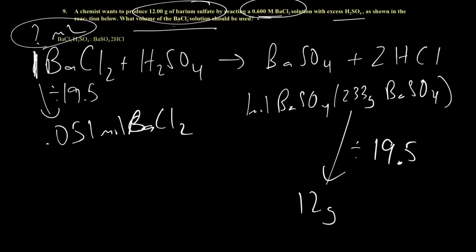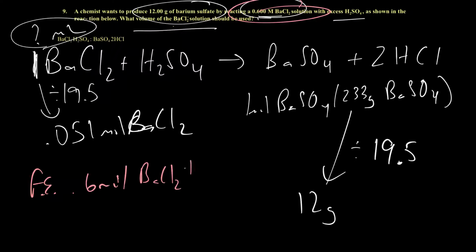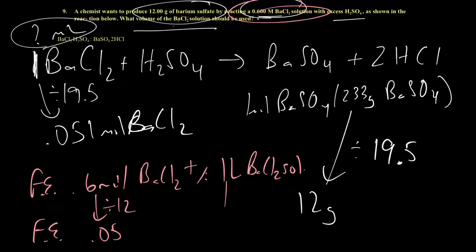And from this part of the problem, we know that there's 0.6 moles of BaCl2 in 1 liter of solution. We don't want 0.6, we want 0.05, which is divided by about 12. And 1 divided by 12 is about 0.08 liters, which is about 80 milliliters.